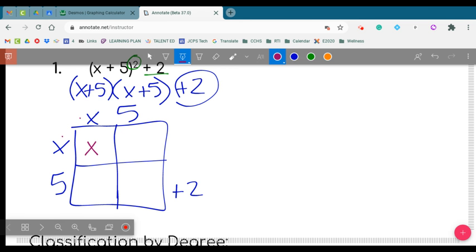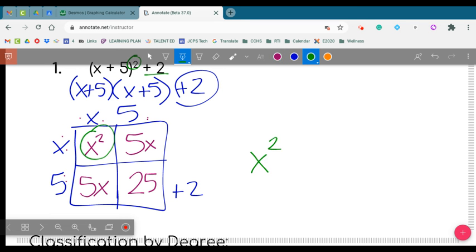x times x is x squared. 5 times x is 5x. x times 5 is 5x. And 5 times 5 is 25. So x squared, 5x and 5x is 10x. And then the last one, we can combine it with that 2.